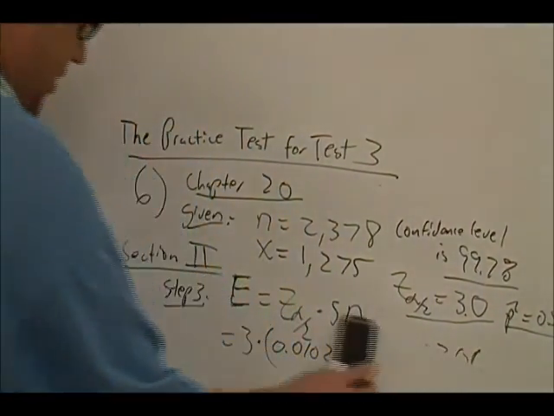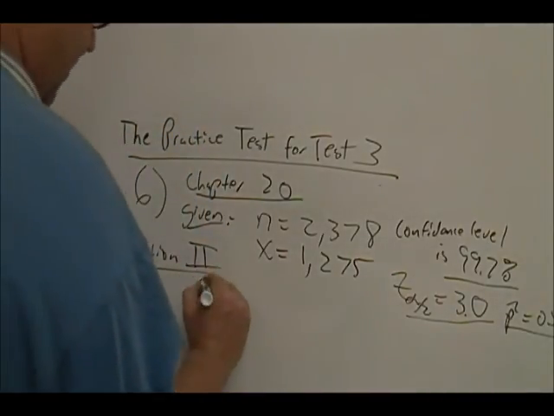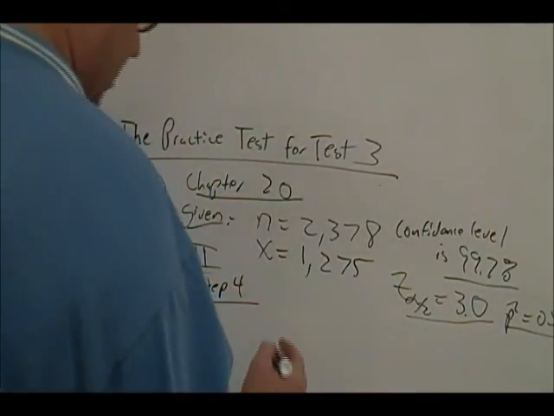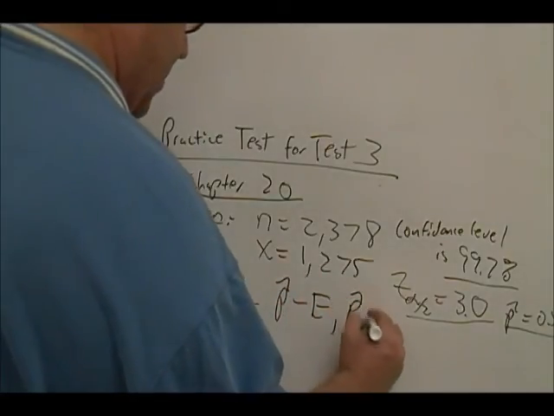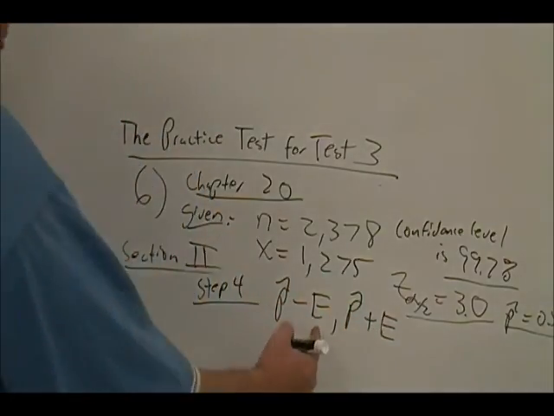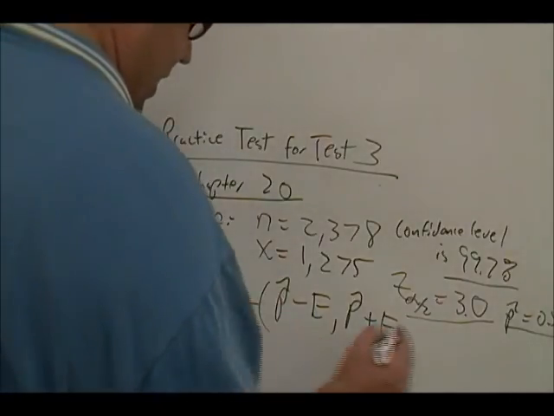Step 4, before the interpretation, says the confidence interval estimate for P is given as P hat minus E to P hat plus E. Sample proportion minus error, sample proportion plus error as an interval.